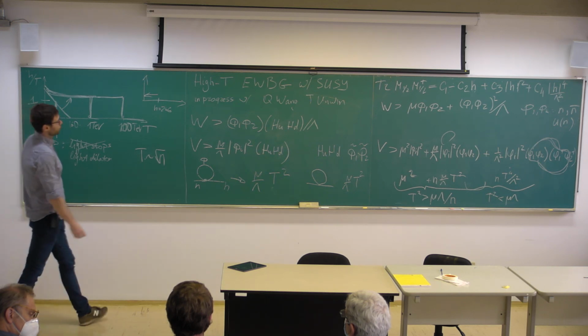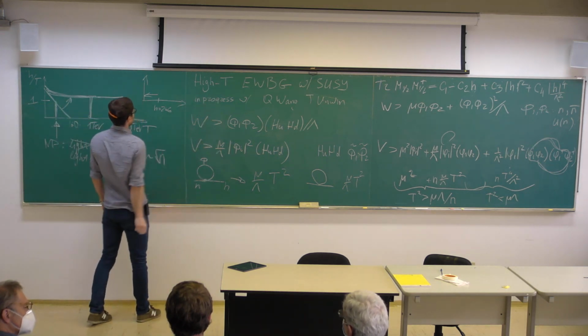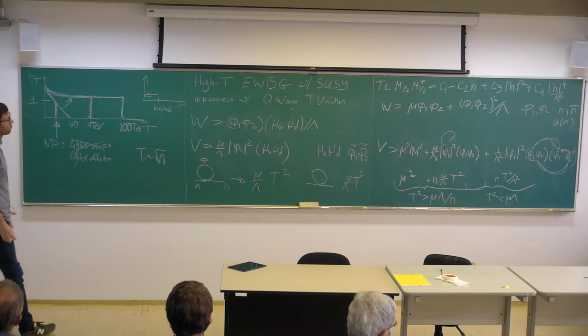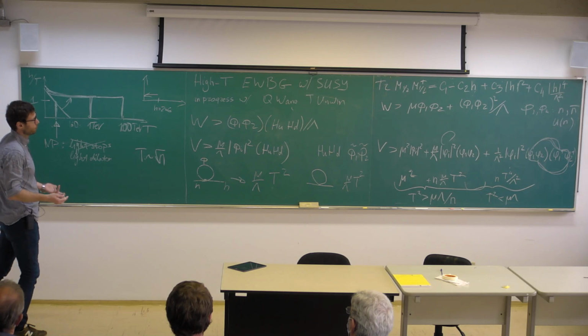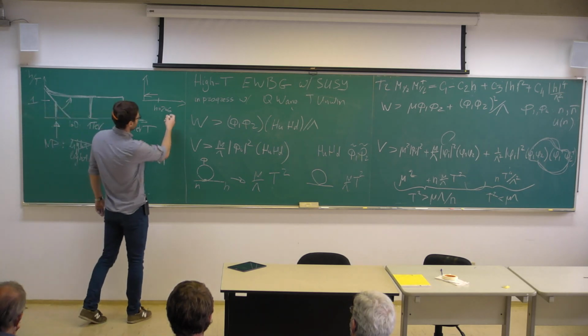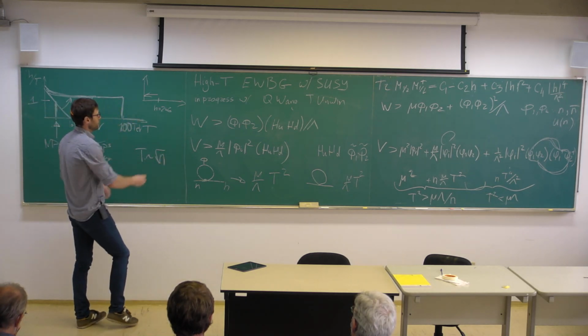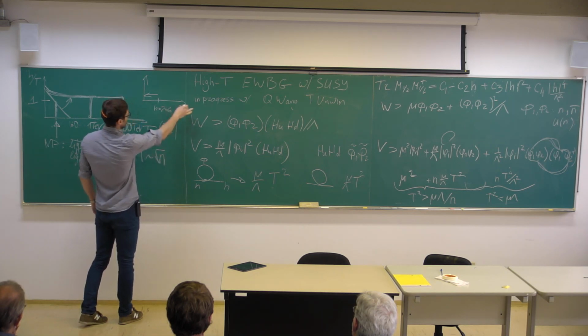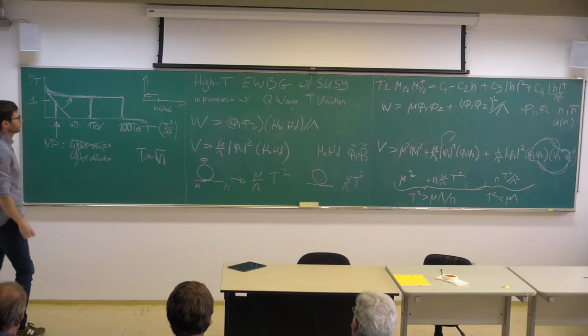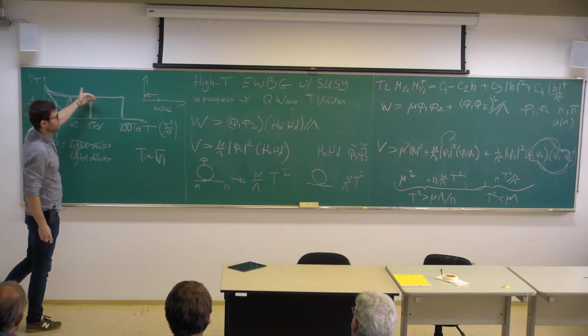So if you modify the Higgs potential somewhere far away, it doesn't really change much. It can give you some thermal effects, but they will be kind of small because they will be T squared over Lambda suppressed if you get some extra terms in the Higgs potential.